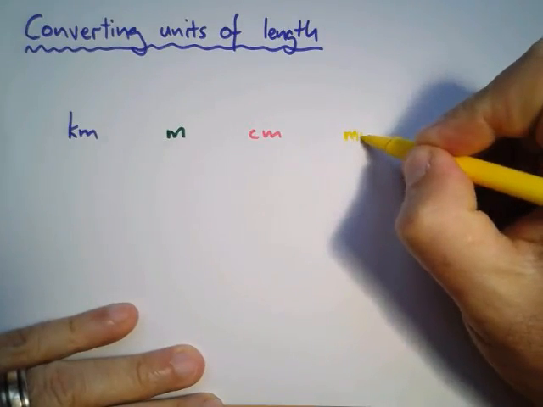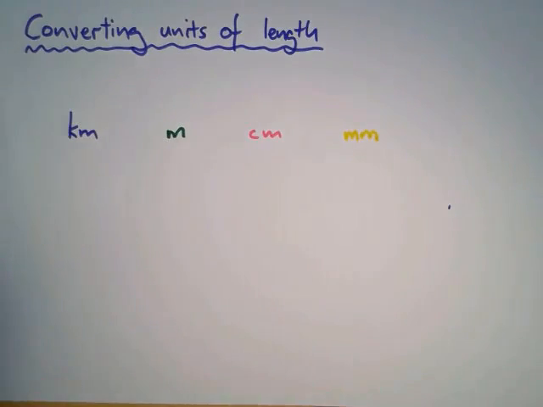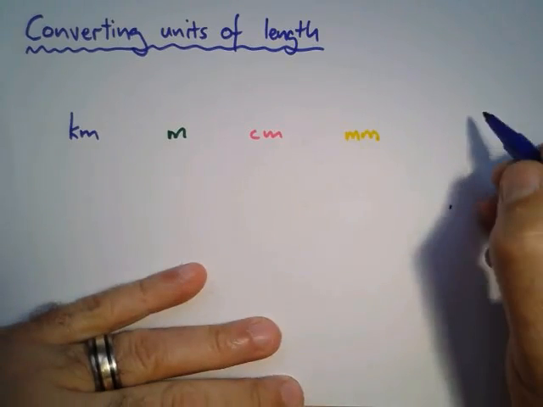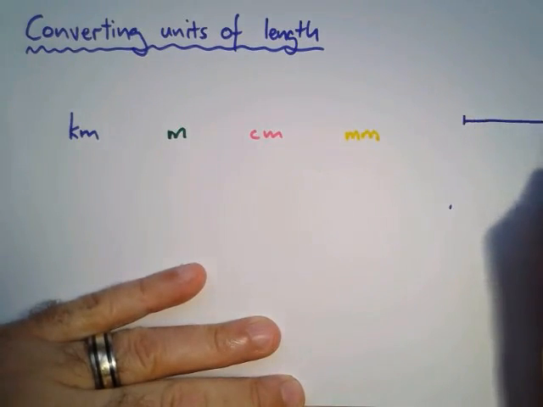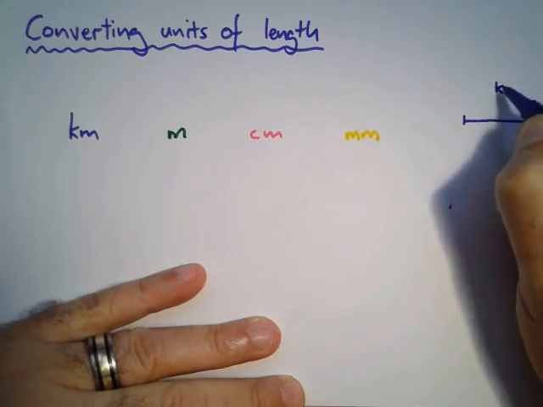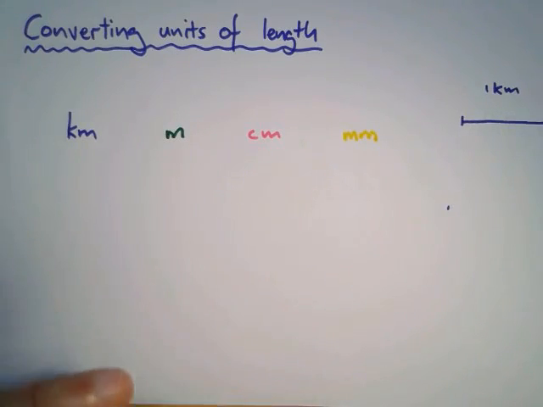Now, to remember the distances in between, just remember the following. If we have 1 kilometer, this 1 kilometer exists of 1,000 meters.